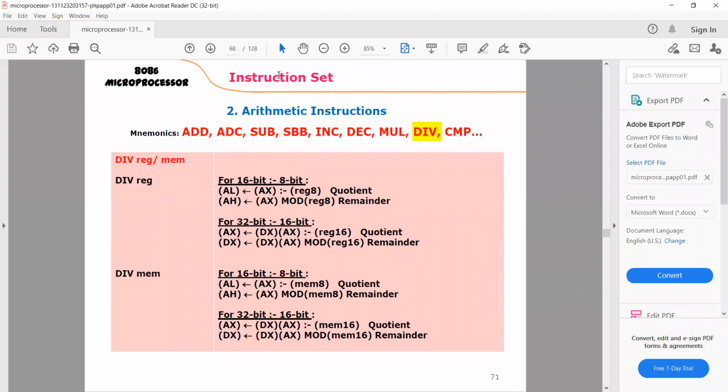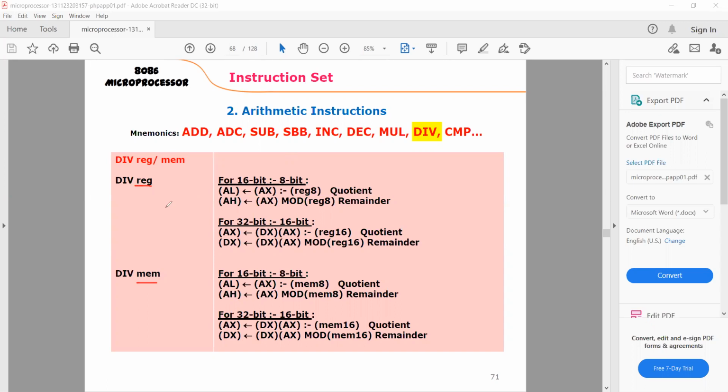So in the division operation also, by default, we use the AX register as one of the operands. We'll have only one operand specified in the instruction, similar to the multiplication operation.